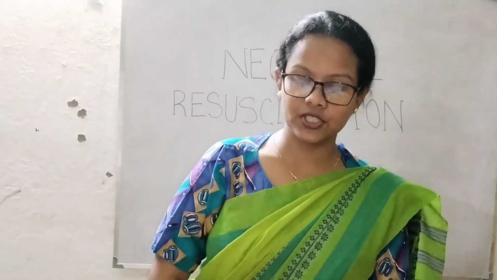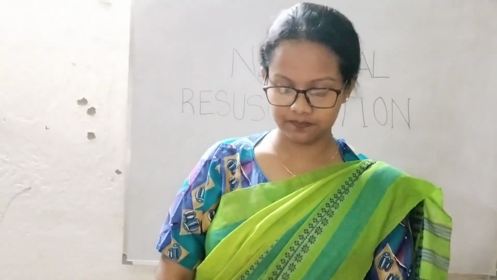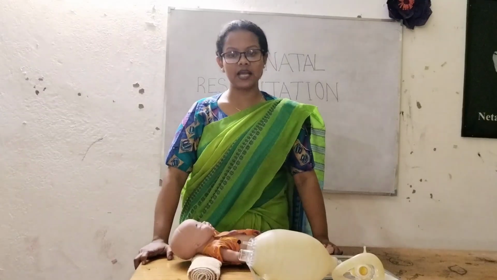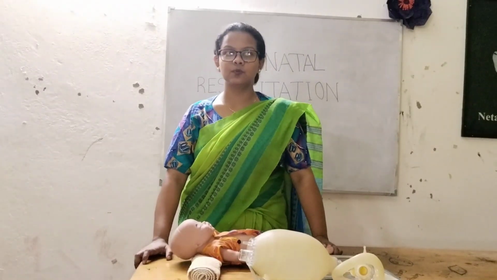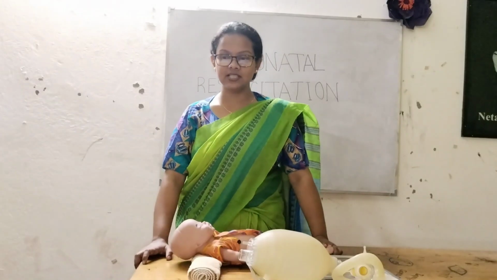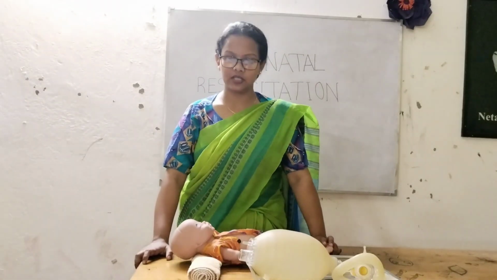As I have said, we will provide the chest compression at the xiphoid process of the baby, and for the depth of compression we will compress to a depth of 1/3 of the anterior posterior diameter of the chest. We will give a total of 30 breaths with 90 compressions approximately, that is 120 events per minute should be given.